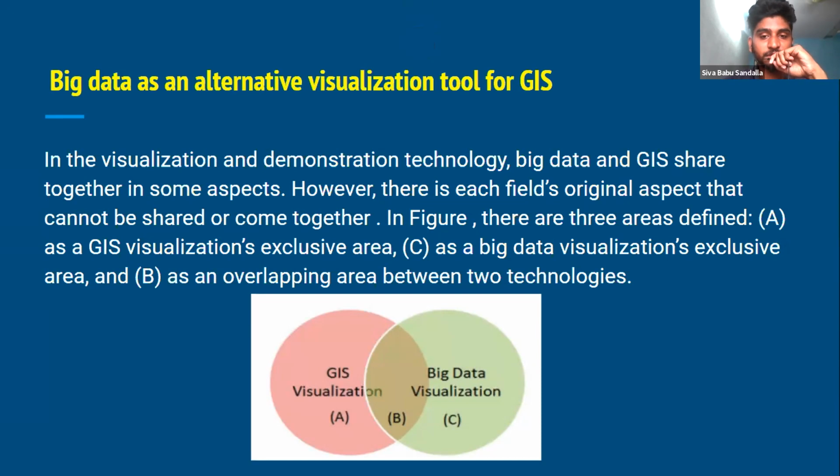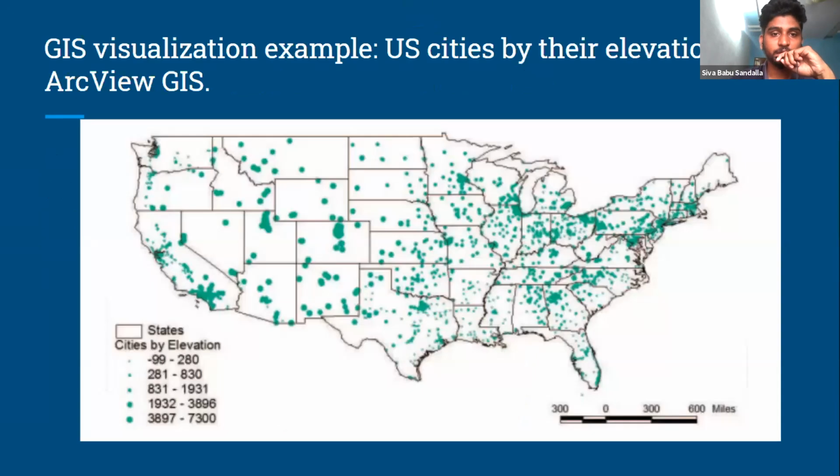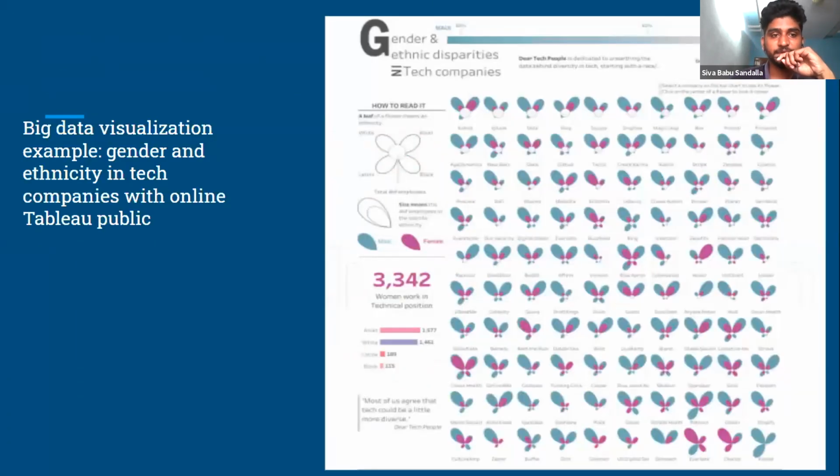In the figure we can see there are defined area A as a GIS visualization exclusive area, C as big data visualization exclusive area, and B as the overlap area between the two techniques. And you can see an example of the difference between GIS visualization and big data visualization. In this example, it's gender and ethnicity differences in a technical company.